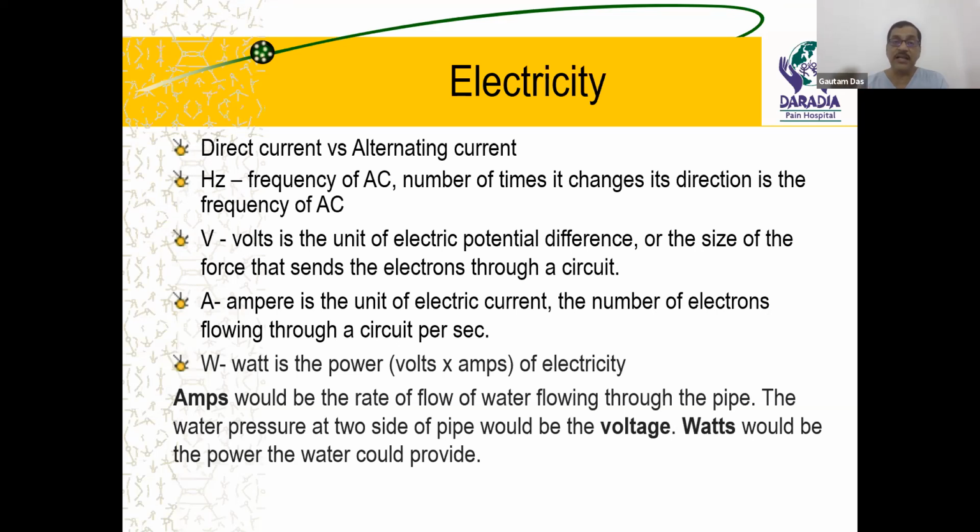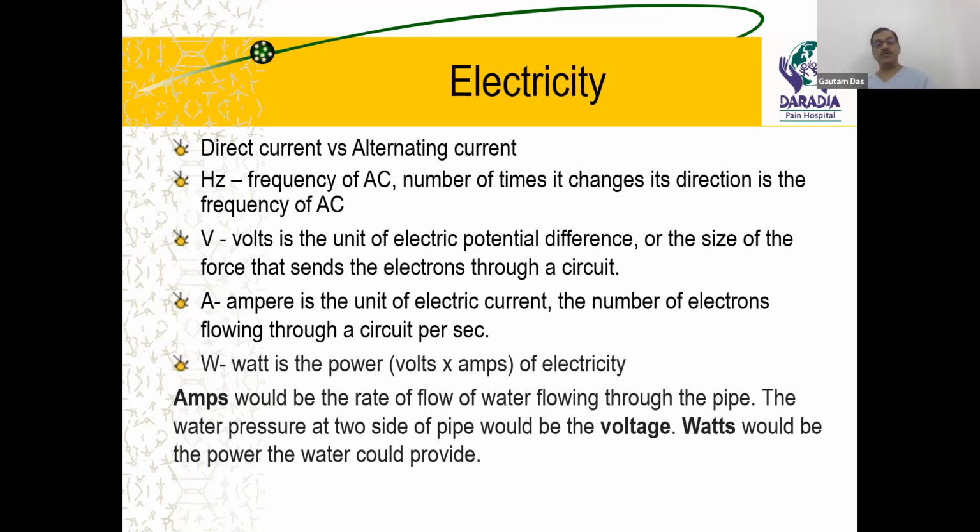Each alternating current has a frequency. In household electricity the frequency is normally 50 Hertz, which means it is changing its direction 50 times per second.